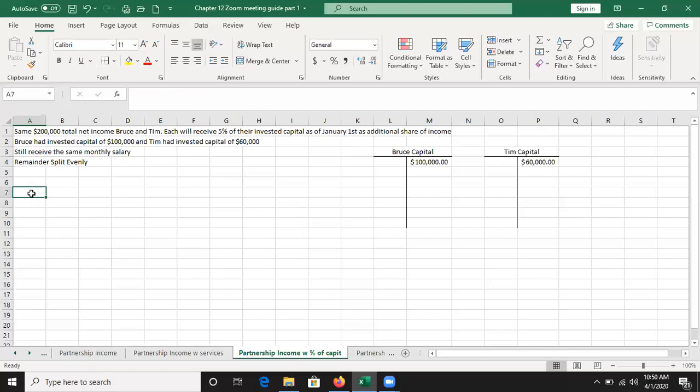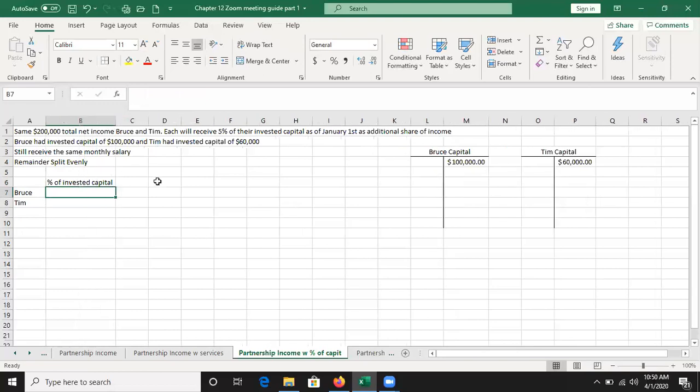So I'm going to make another chart. I'm going to make Bruce. I'm going to make Tim. I'm going to make a category for percent of invested capital. I'm going to make a category for service income.